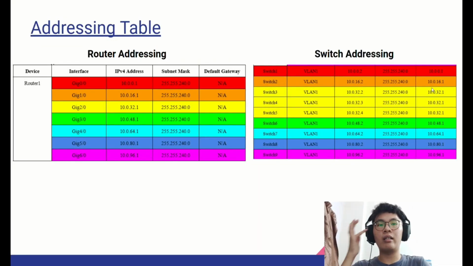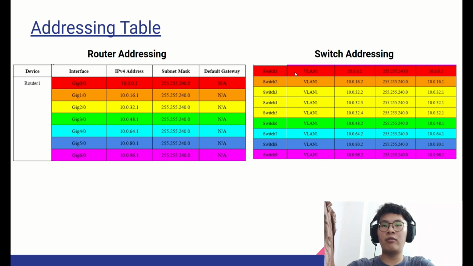My name is Yong Xiang and I'm going to talk about the addressing table. As you can see, the table has 5 categories, which are device, interface, IPv4 address, subnet mask, and default gateway. Now there are a total of six interfaces for router 1.